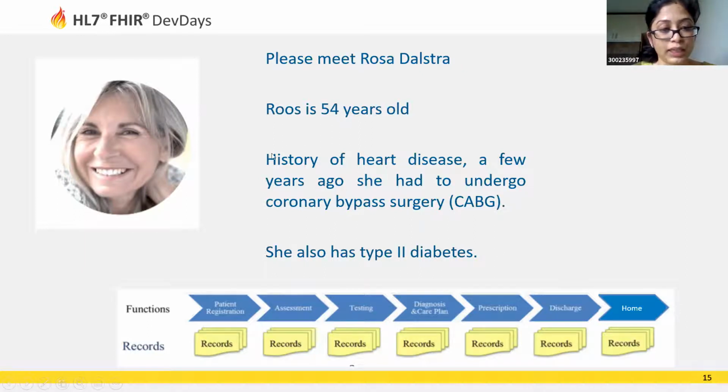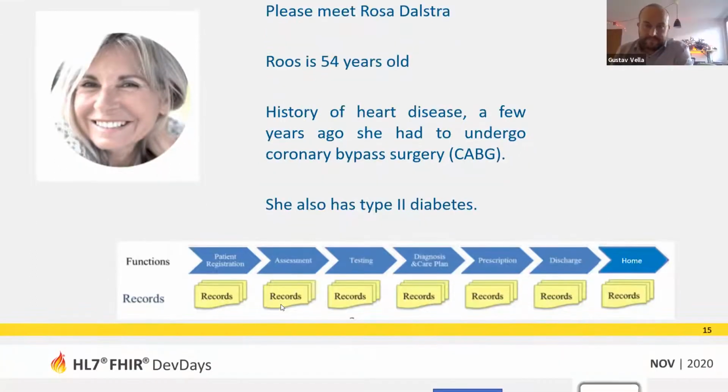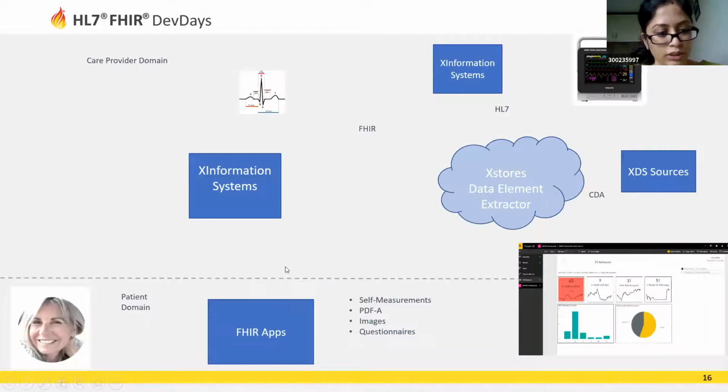So if you see, for a patient like Rosa, there are different data collection points across the healthcare continuum. It could be within the hospital, when she was hospitalized, where she would try to access or hold historical reports, or it could be home, where Rosa, being type 2 diabetic, would regularly want to monitor her glucose levels. So how did all the different formats that exist in the varied healthcare ecosystem come together to help Rosa self-manage her condition?